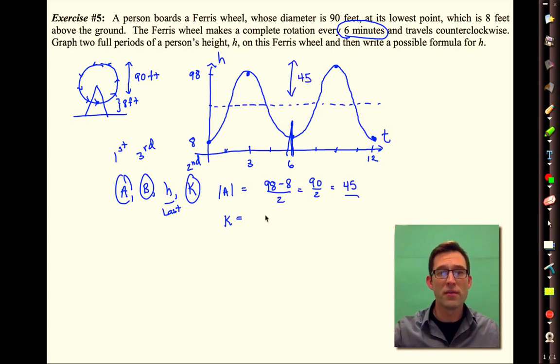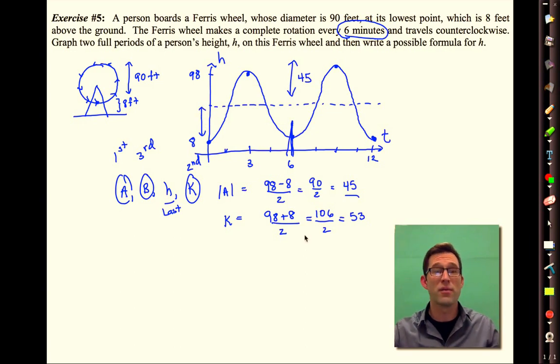My typical way of finding the midline is to take the average: top plus bottom y values added together, 106 divided by 2, 53. Another way is to add the amplitude onto the minimum or subtract it from the maximum. Got it.